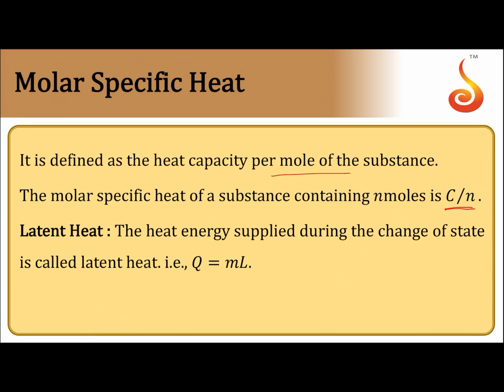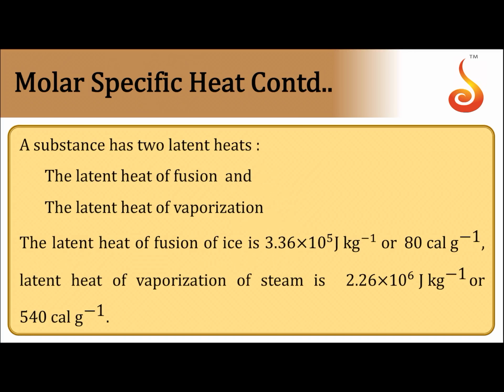Then coming to latent heat, the heat energy supplied during the change of state, that is from solid to liquid or liquid to gas, how much energy it absorbs, that is given by latent heat. Heat supplied during this is given by M into L, where L is latent heat, measured in joule per kg. A substance will have two latent heats.